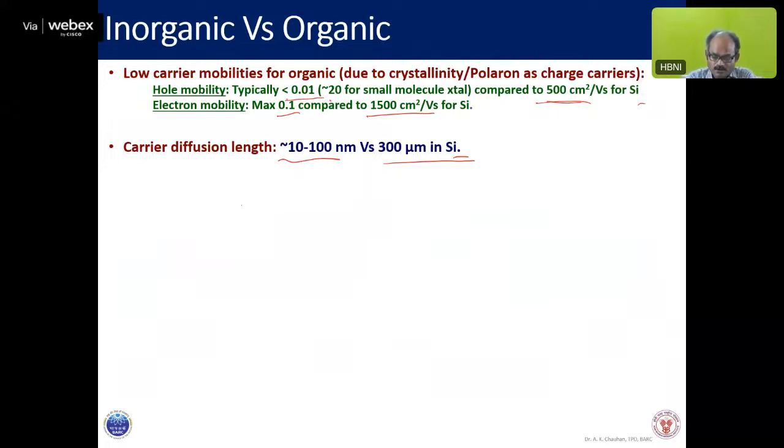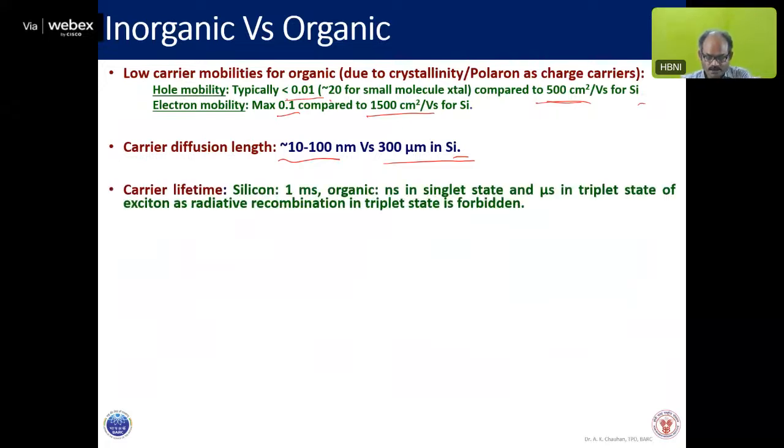However, for organic semiconductors, this is in the nanometer range. Carrier lifetime for silicon is about 1 millisecond. However, in organic, it is in the range of nanosecond to microsecond. If it is in a singlet state, it is very, very small, and if it is in a triplet state, then obviously it can stay a little longer.